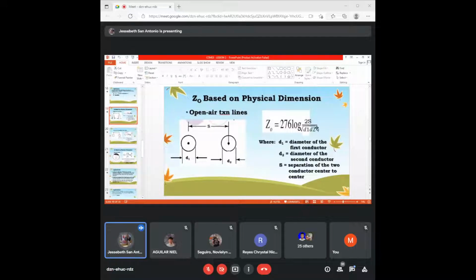Lagay nyo na lang dito over D. 2S over D. No? Okay na ba to? Wait naman. Ito lang equation ninyo. Okay na, Dax. Yan siya.